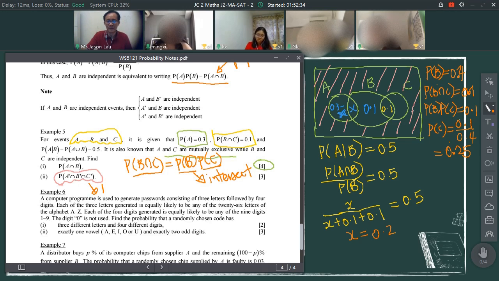Is there any other formula? I don't think so, that is the only formula we can use. But here we can find PC. If PC is 0.25, then this part will be 0.15. Because of that, we can find A union B union C. Then you do 1 minus that, and you get the answer.